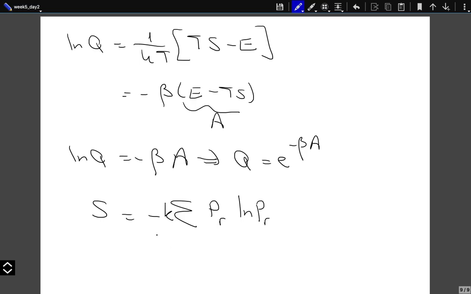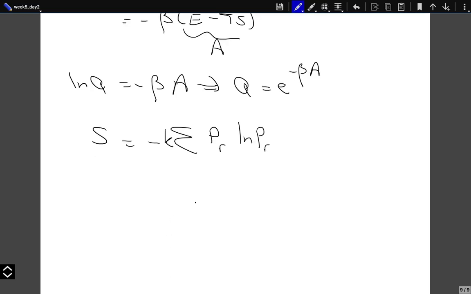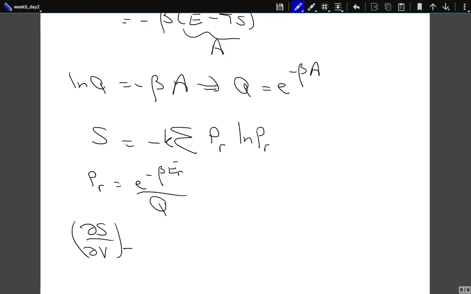Now what you can do is, let's say in the canonical ensemble, P_r is equal to e to the power minus beta E_r by Q. Let's look at its derivatives: del S by del V at constant temperature.